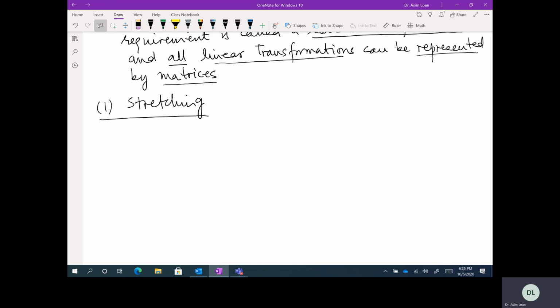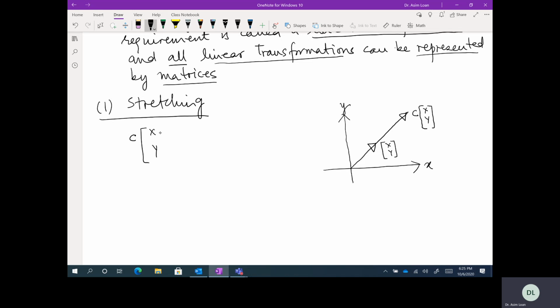So in stretching, if you have vectors in the x, y plane, this is some vector (x, y). This is a new vector c times (x, y). This is the x-axis, this is the y-axis. So c times (x, y) is produced by some matrix A which we want to find.